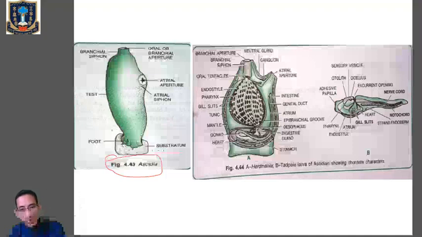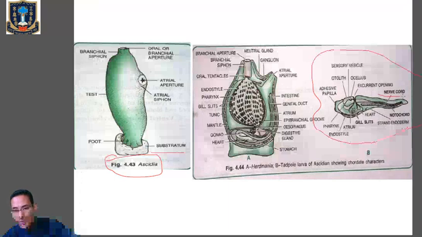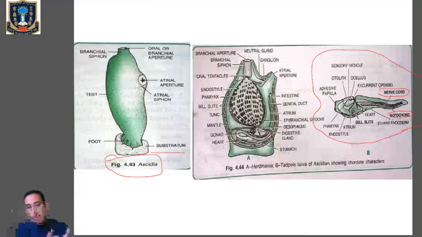Now let's go to figure number 4.44. Here we can see the larval phase. Can you see over here the larval stage? In the larval stage you can see the presence of nerve cord and notochord, but once it undergoes metamorphosis we cannot see them. So this type of metamorphosis is called retrogressive metamorphosis.